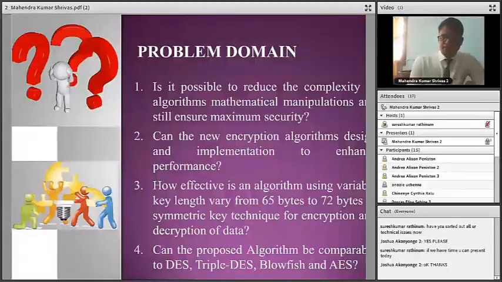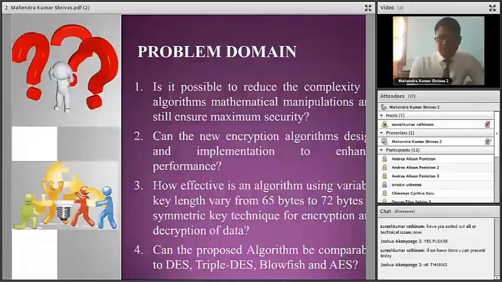So we asked ourselves, is it possible to reduce the complexity of the algorithm mathematically, by manipulating some terms in a more mathematical manner, and still, because the security of these algorithms is very important, are we able to maintain it?